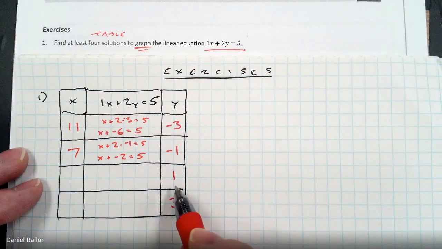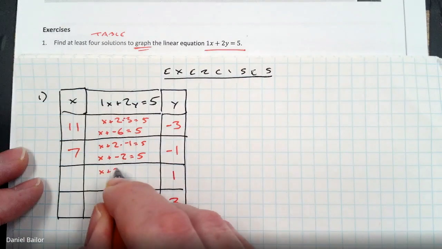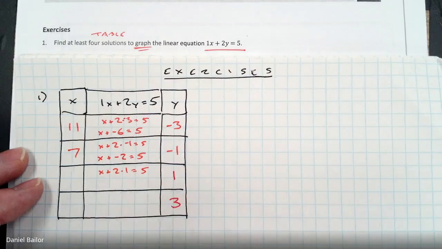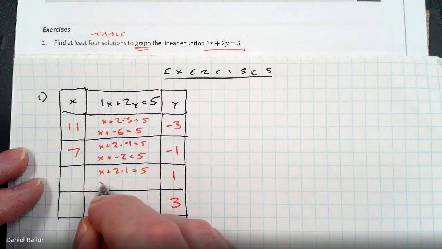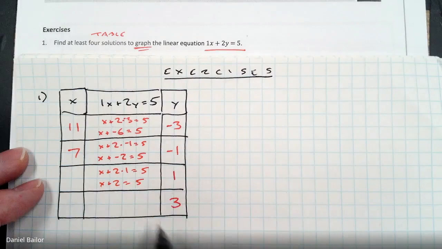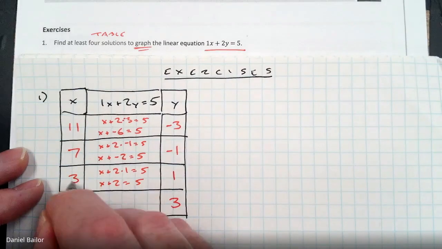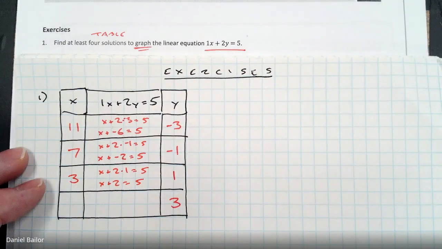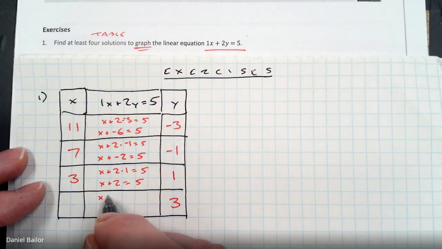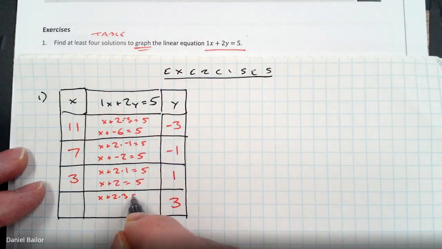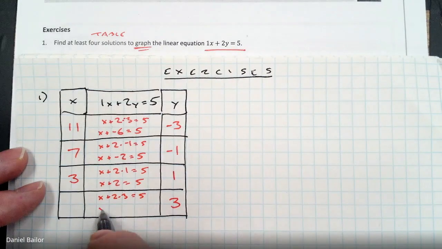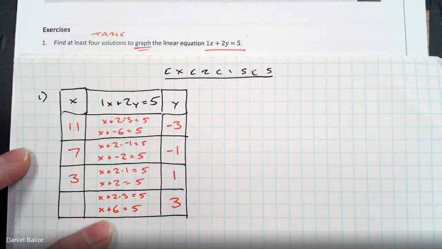Okay, what happens when y is 1? I get x plus 2 times 1 equals 5. That's x plus 2 equals 5, so x has to be 3. Okay, what happens when y is 3? That's x plus 2 times 3 equals 5. That's x plus 6 equals 5. Well, what plus 6 equals 5?